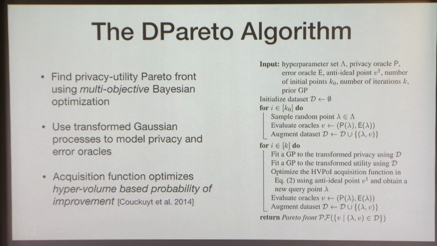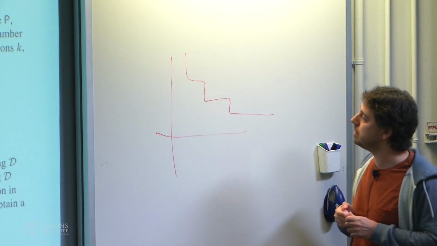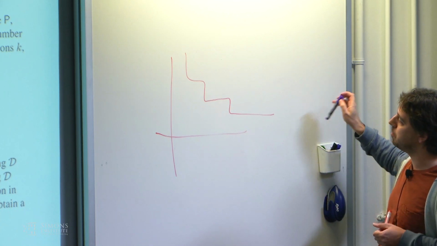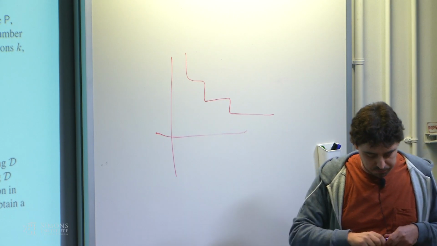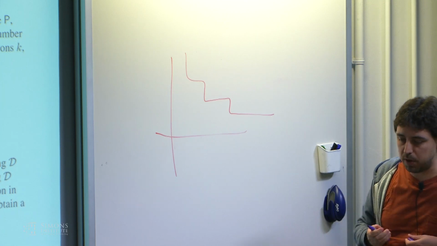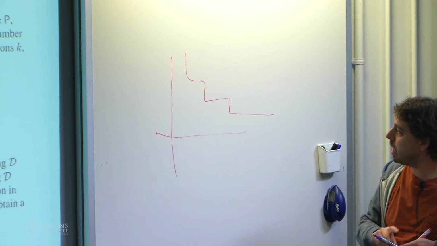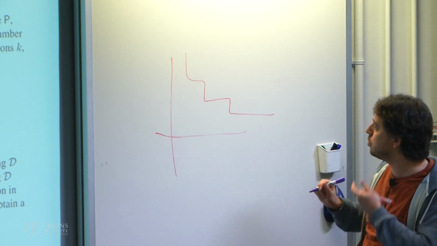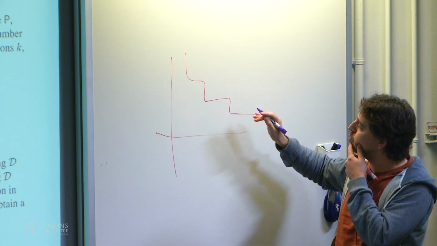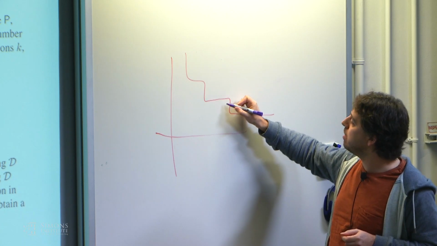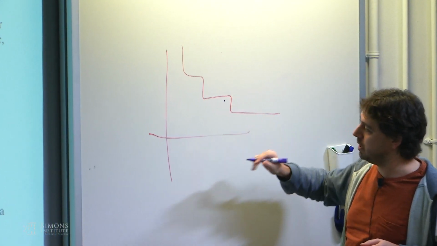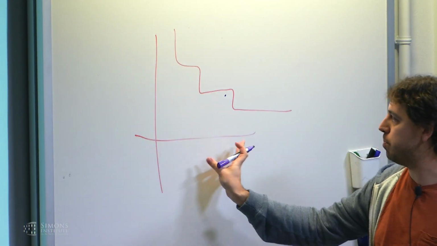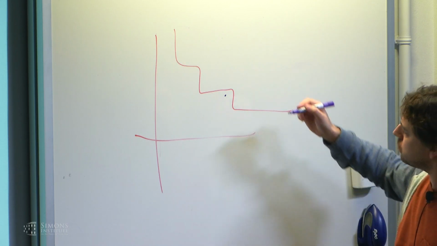If so far I've found a Pareto front like this, then for each potential new hyperparameter setting that I can try, my Gaussian process models will allow me to predict more or less where this is going to fall in the error privacy loss space.